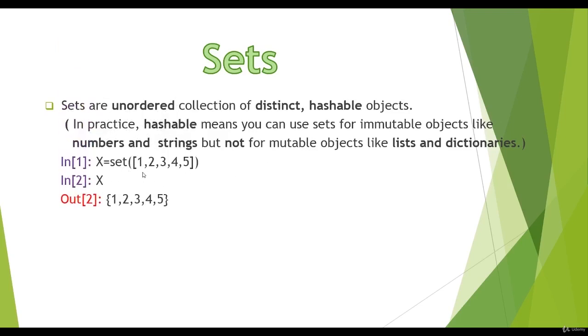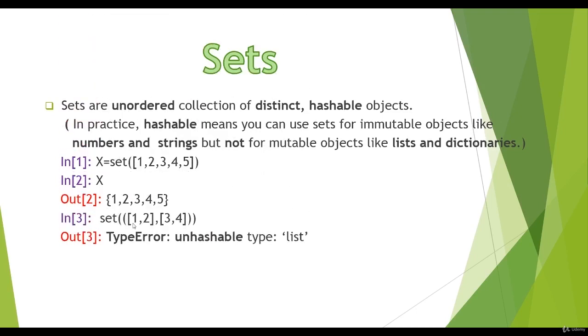Here we are creating a set from a list with the inbuilt function set. Now if we put a list as an element, it gives a type error because list is not hashable.